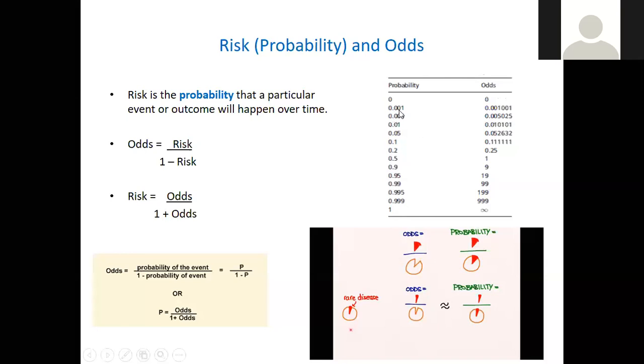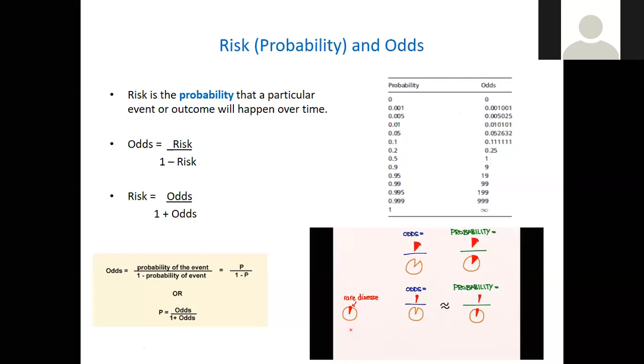As you increase the probability a small amount, the odds also increase. But you see something. You know the probability is from 0 to 1. So if the probability is 0.5, that is halfway. If it is 50%, halfway, the corresponding odds is 1. Can you see? You can conceptualize it.